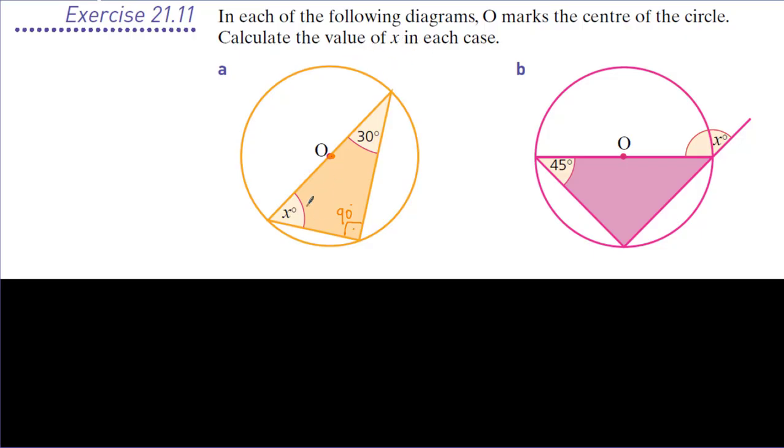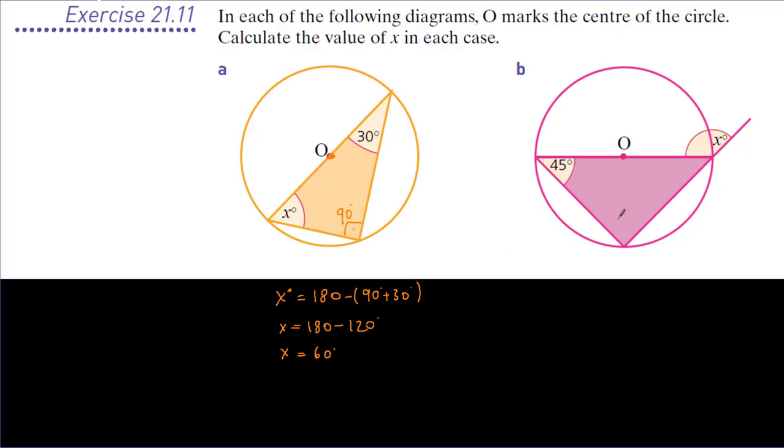By using the right triangle property, or the sum of interior angles of the triangle property, we can easily find the value of x. x is equal to 180 minus (90 plus 30), so x is equal to 180 minus 120, and x is equal to 60.